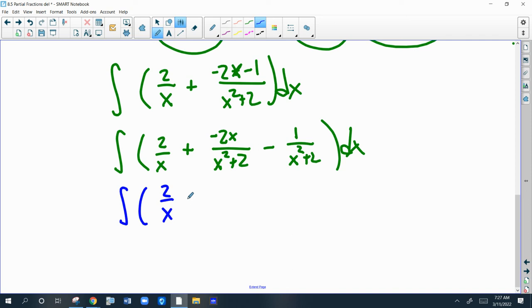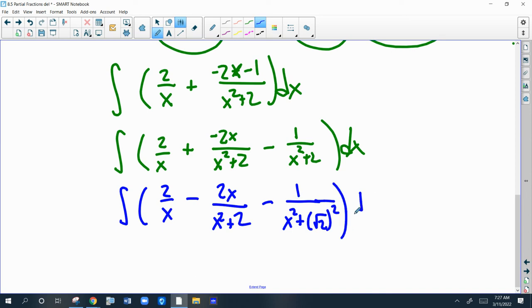That's a natural log. I factor out the negative. This is a definite natural log, u prime over u. And this is just u squared plus a squared. And since u is x, du is dx, there's no constants you need to worry about. It's a straight arctan.